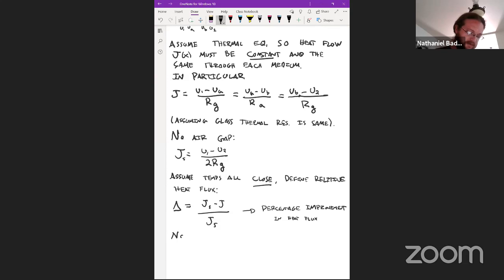So now, Rg is going to be the length of G divided by the thermal conductivity. And similarly, Ra is going to be the length of A divided by the thermal conductivity.